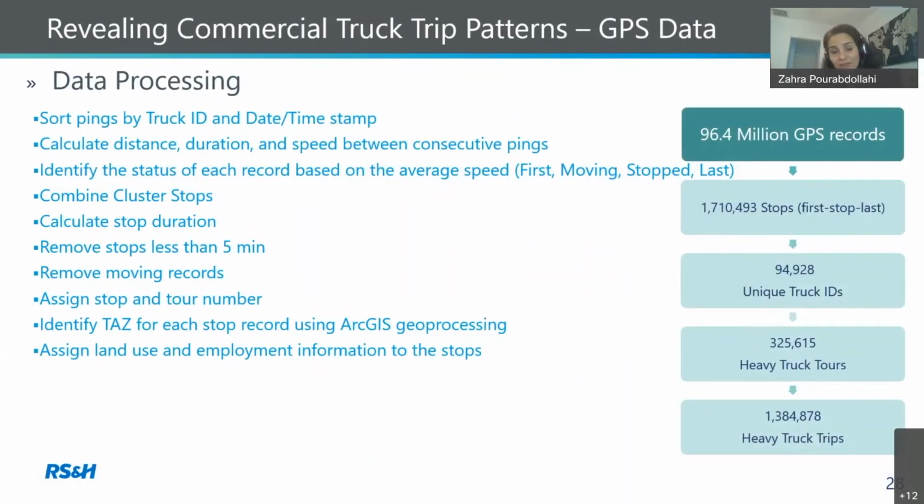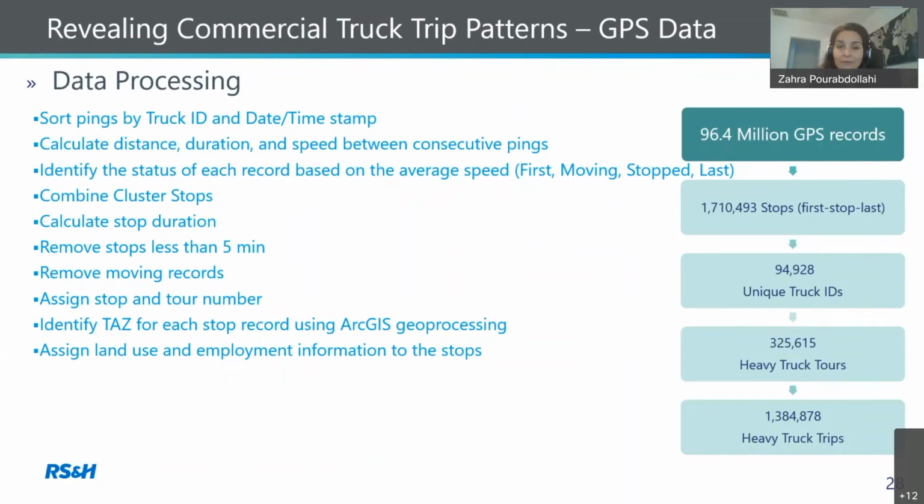A Java application was developed to process the data, and this is a summary of the steps that were taken in that application. Basically, it sorted the data by truck ID and time to have the consecutive records correctly ordered.